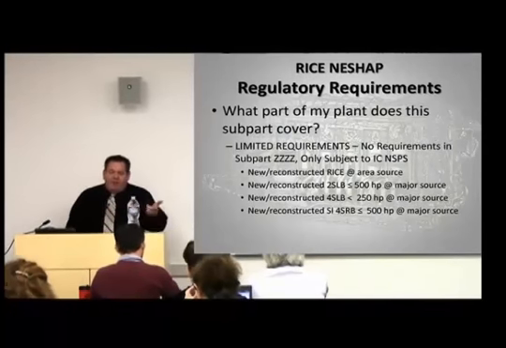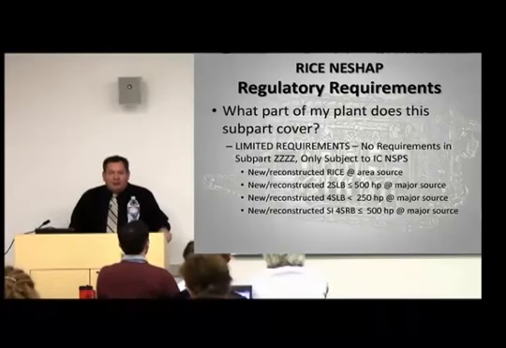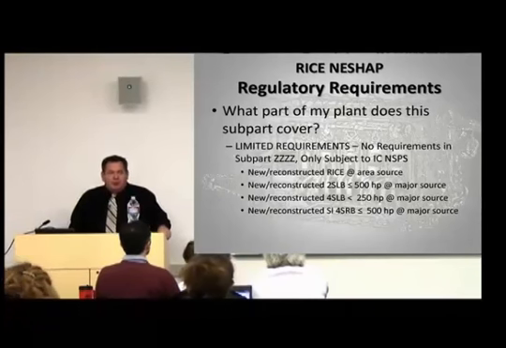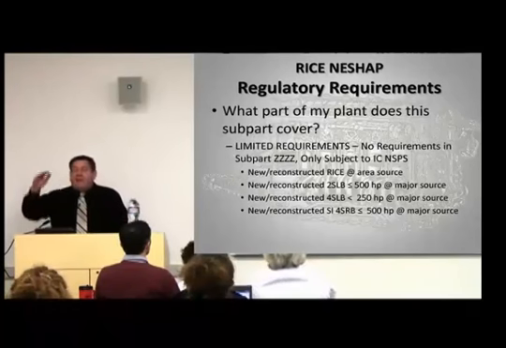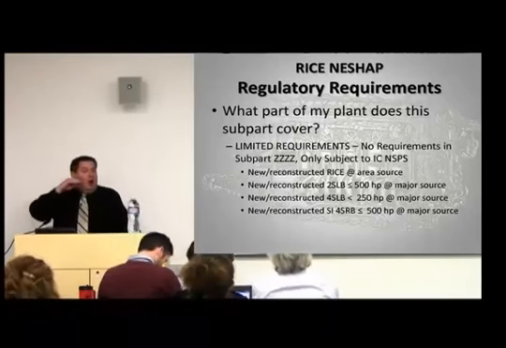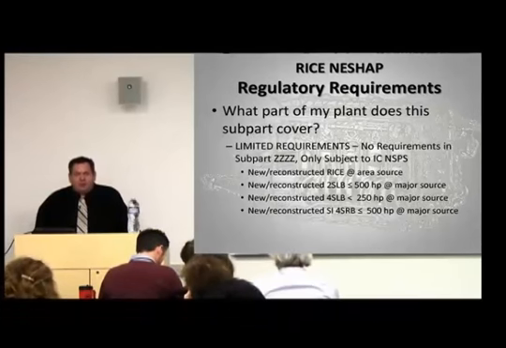Then we have a group of engines, and your cheat sheet will help with this as well. They have no requirements under the RICE NESHAP. They are only subject to the IC NSPS, the Internal Combustion New Source Performance Standards. So again, it's on your sheet. If you take a look at area sources, all new and reconstructed engines at area sources are only subject to the IC NSPS.